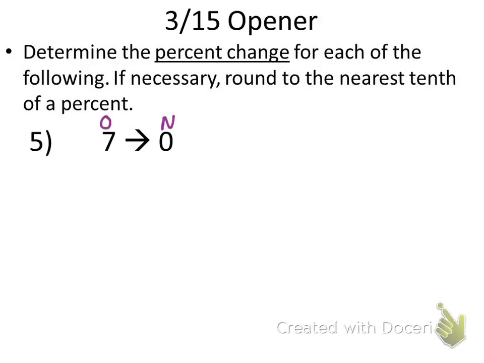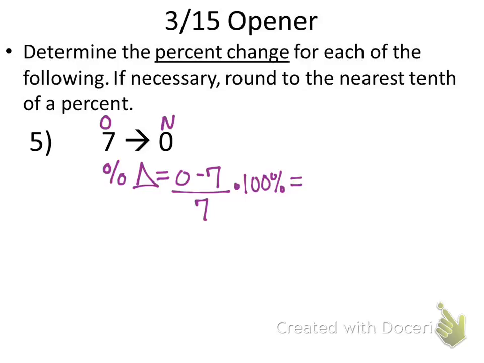Then you put the percent change sign in the triangle, because the triangle represents change. Then your equal sign. Don't forget that equal sign. All right? Then 0 minus 7. And then 7 underneath. Because under that means you're going to do what operation? Divide. And then you're going to multiply by 100 percent. Nice.